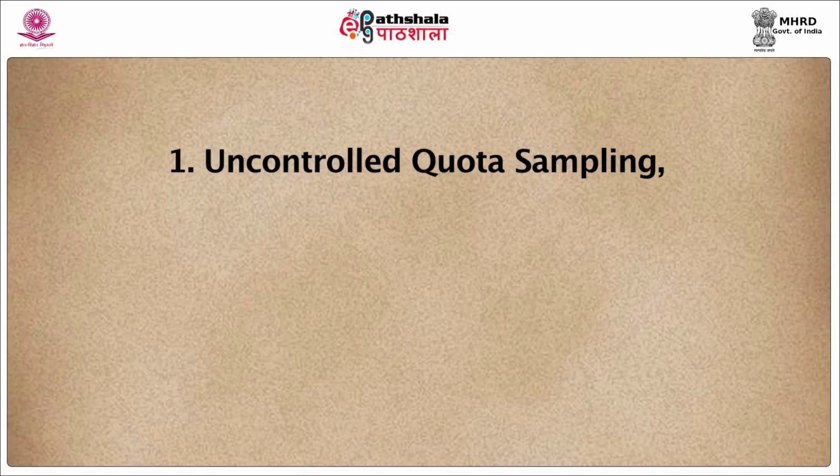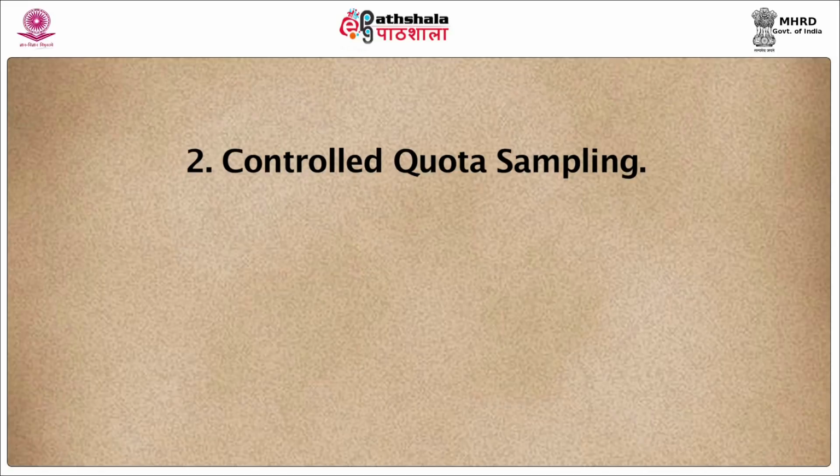This type of sampling method may be further divided into 1. Uncontrolled quota sampling and 2. Controlled quota sampling. In uncontrolled quota sampling, the researcher selects the sample as per her own convenience.